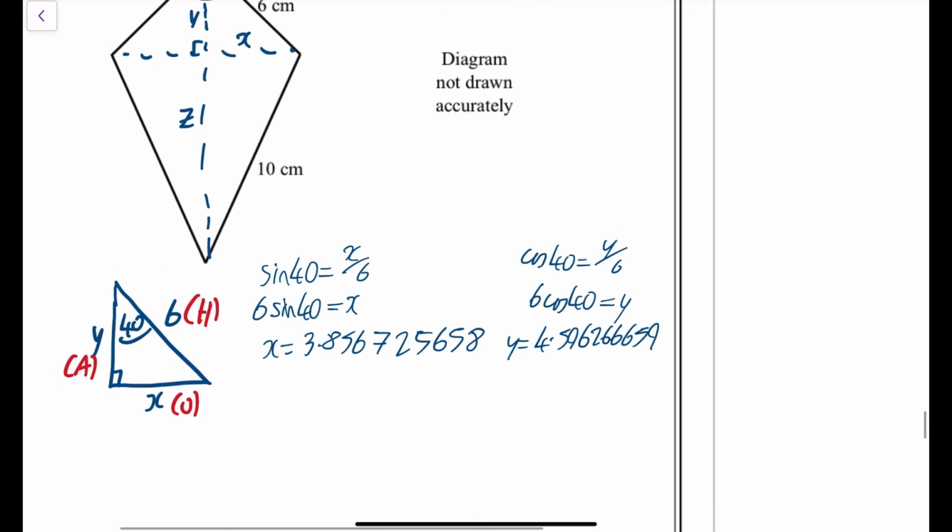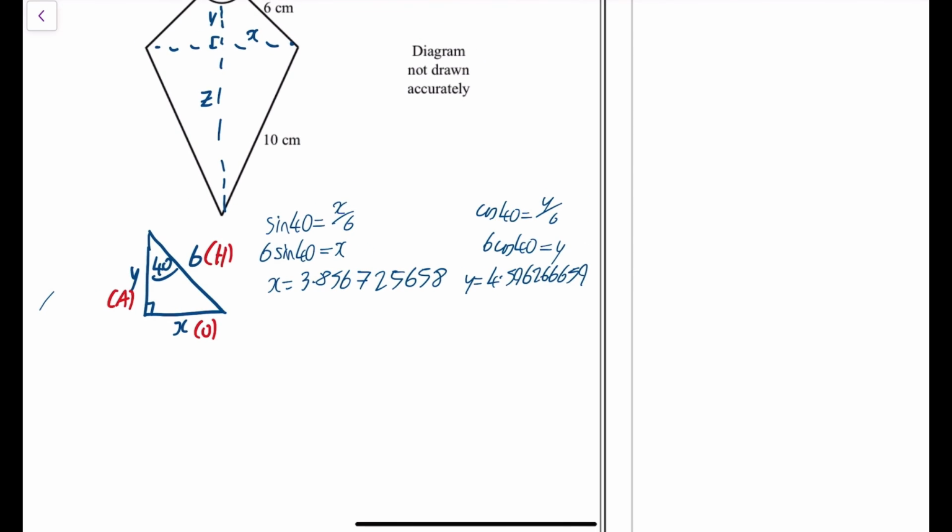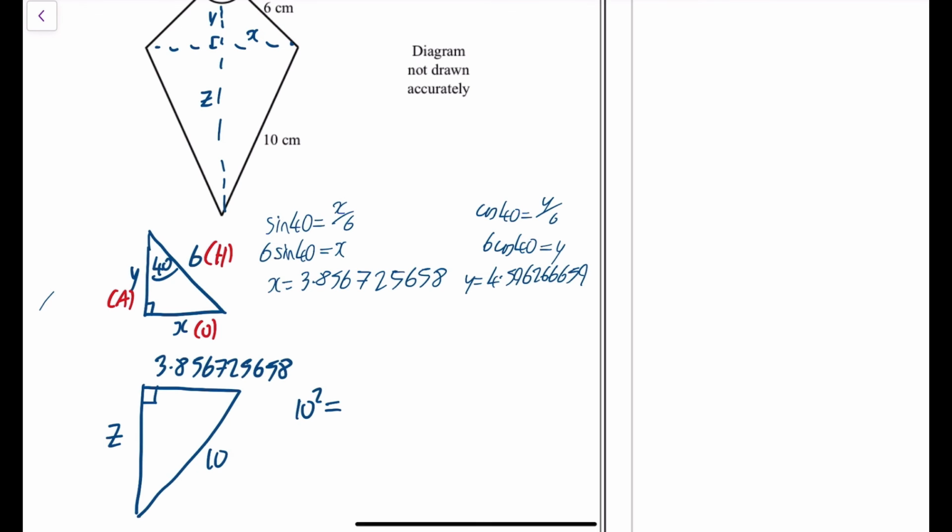Right, to find your z, we need to draw another triangle. So we're drawing this bottom triangle. So there's my z. I know that's 10, that's a right angle, and I also know my x, and I'm going to use theirs, 3.856725658, and I'm just going to say then, use Pythagoras' Theorem, 10 squared is equal to my z squared plus 3.856725658 squared.